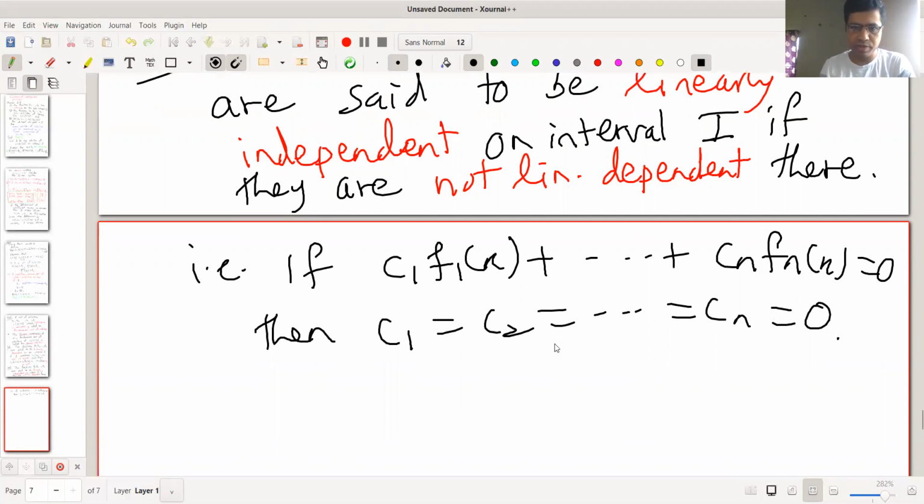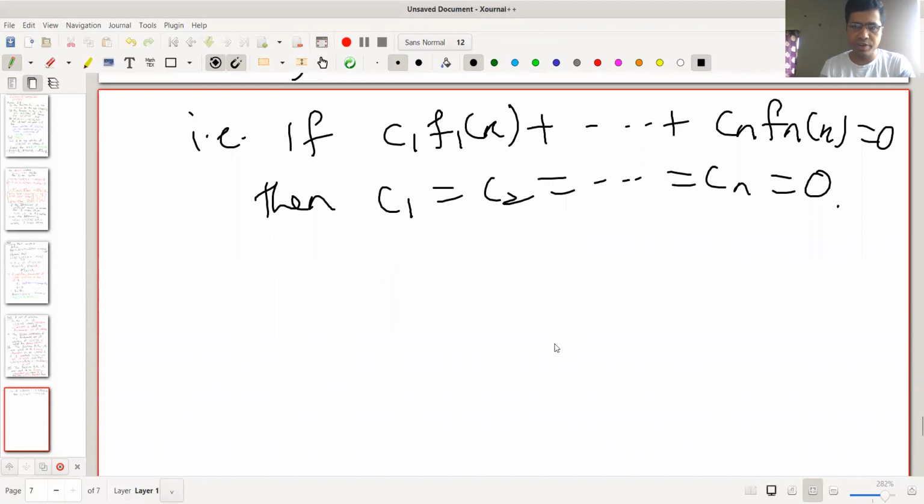Now, what is the relation between linearly independent functions and a fundamental set? Let us see the result.